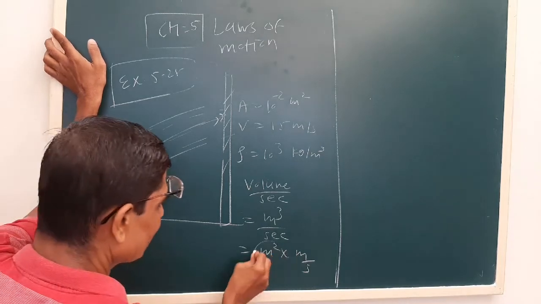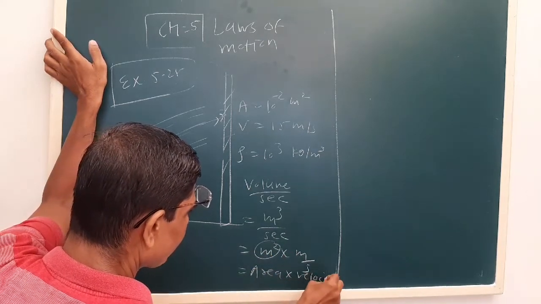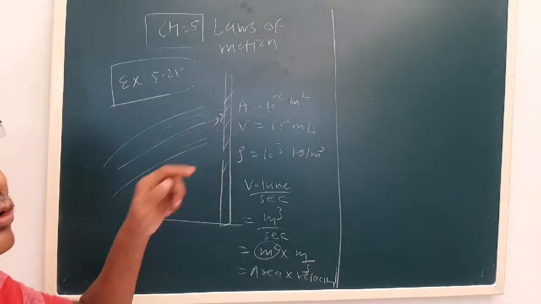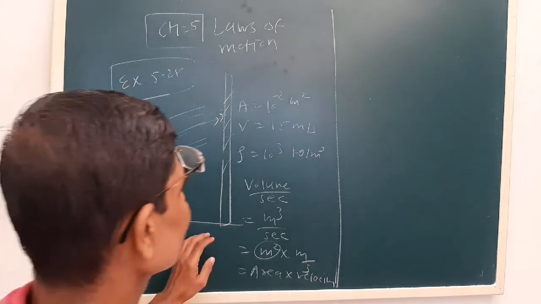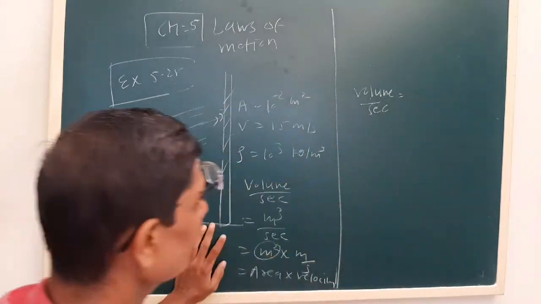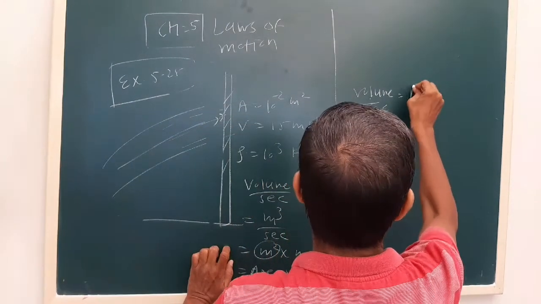Now meter square we know it is area, and area into velocity, so that is what is given to us. So here volume per second, that is also called volume flux. Area into velocity.